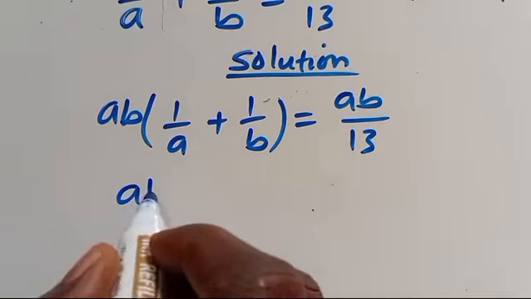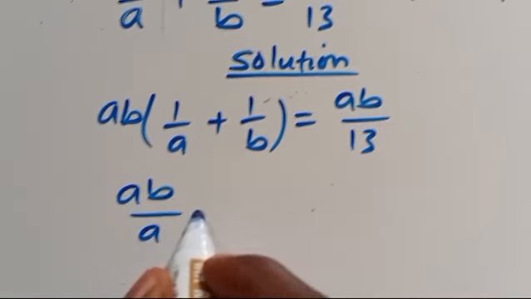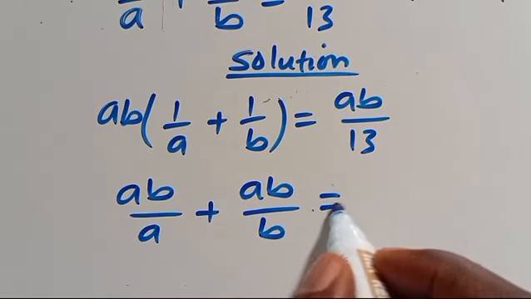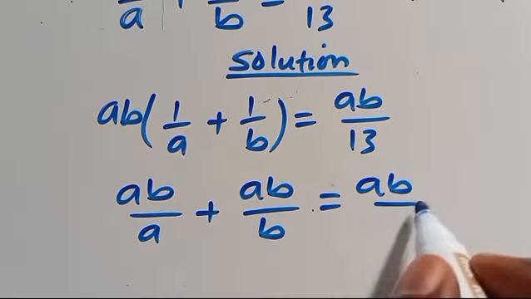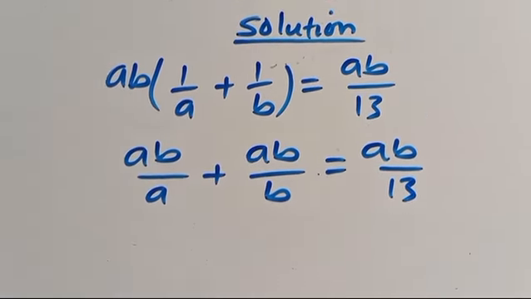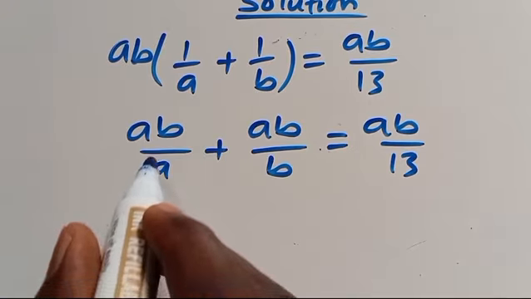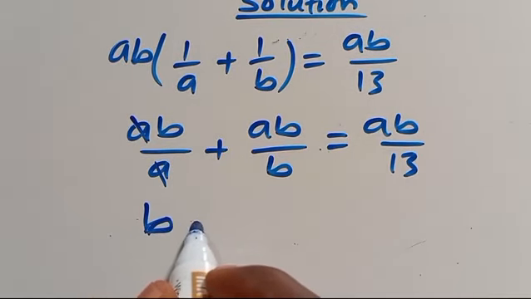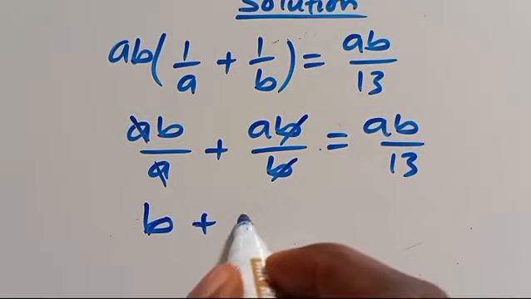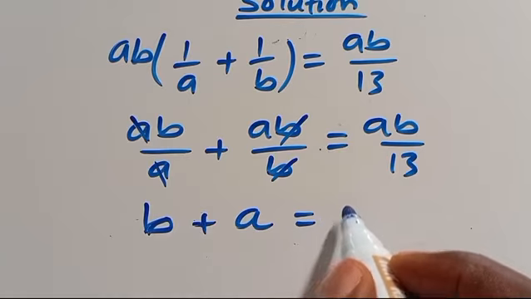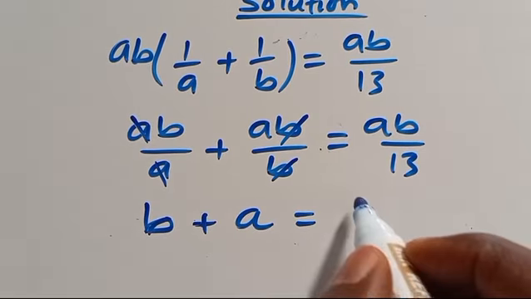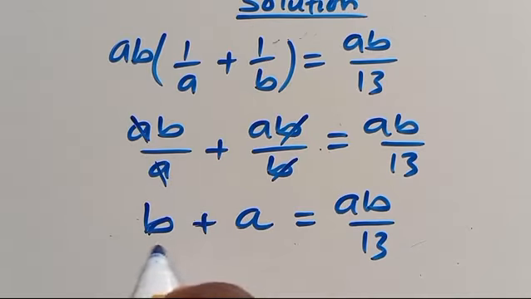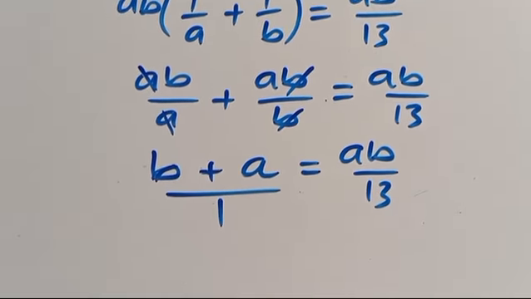Here we have ab over a plus ab over b equals ab over 13. This we cancel, we have b. This we cancel, we have a, equals ab over 13.